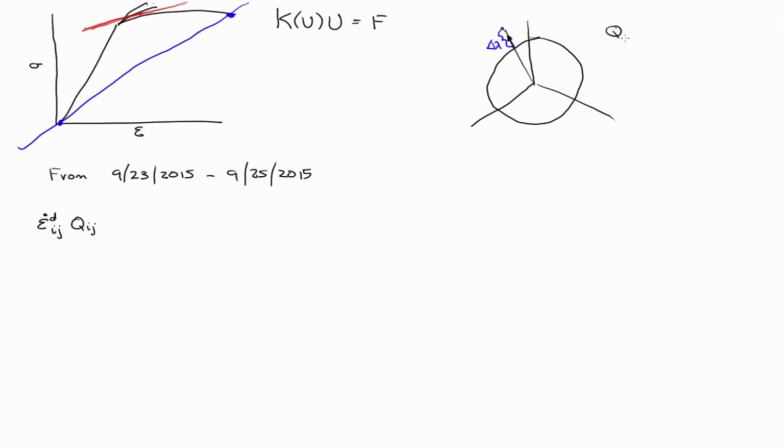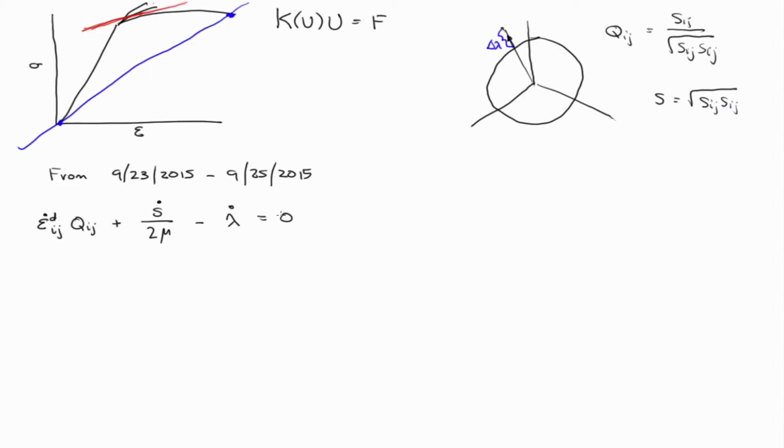Q ij is Sij over the magnitude of S, the square root of Sij Sij, right? So Q is the direction, plus S dot, where S is what's underneath here, the square root of Sij Sij, over 2 mu, minus lambda dot.